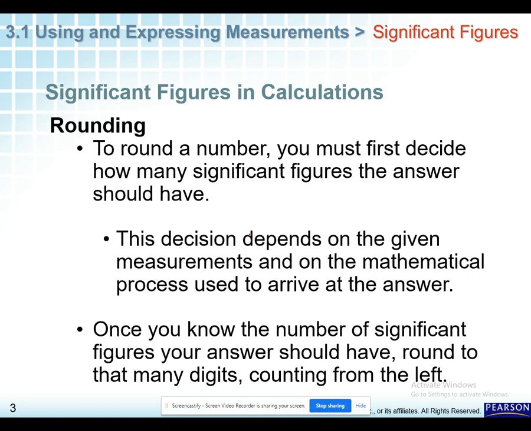This decision is going to depend on the measurements that you took in lab and on the mathematical process used to get that answer. What I mean by mathematical process is, did you add, subtract, multiply, or divide? And once you know the number of sig figs your answer should have, you're going to round to that many digits, counting from the left side.